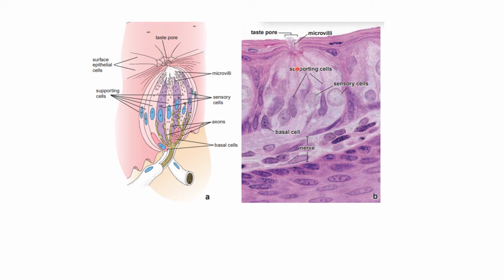On the sides, supporting cells, sensory cells, and this is a nerve which is forming a plexus along the sensory cells, and the basal cells are acting as the stem cells, which are responsible for the wear and tear of the cells. They give rise to the newer generation of the cells.